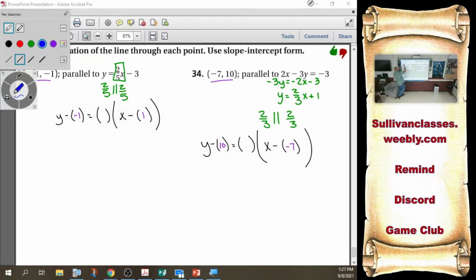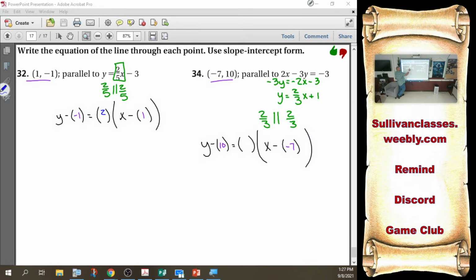Plug in your slope. No, it's positive. I got it positive, but it's a -2 over -3. Did you remember that negative?